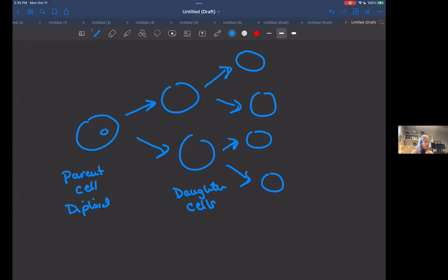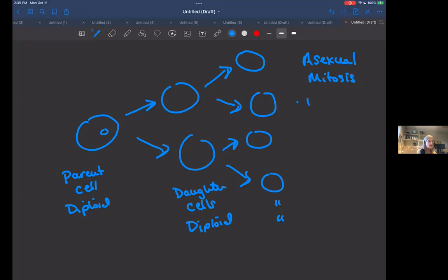They're not female because they are also diploid. And then we have, again, the same thing. They're daughter cells and they're diploid. And so this type of cell division is asexual, and it involves mitosis.